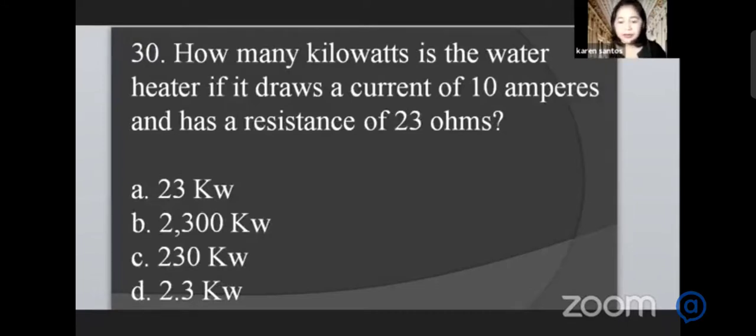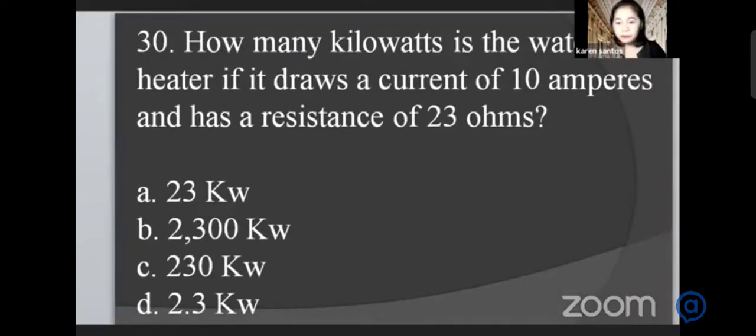For our number 30 question: how many kilowatts is the water heater if it draws a current of 10 amperes and has a resistance of 23 ohms? Again, how many kilowatts is the water heater if it draws a current of 10 amperes and has a resistance of 23 ohms?